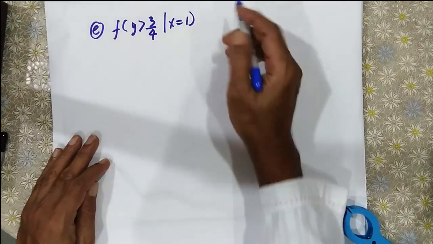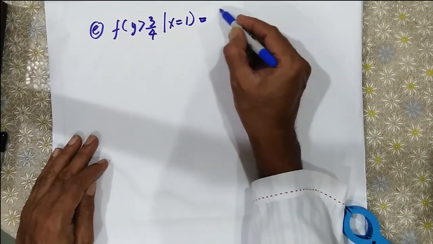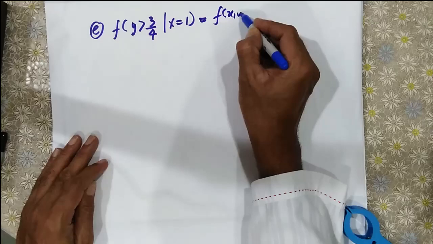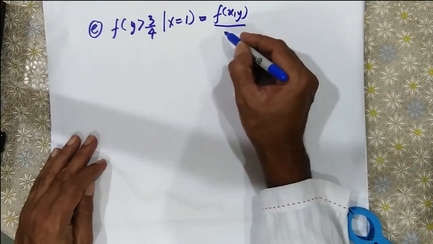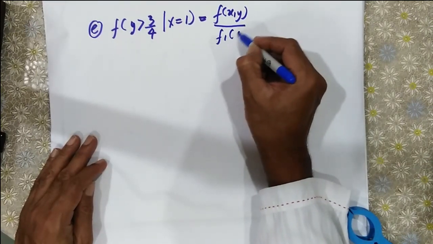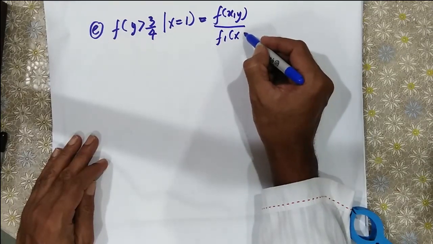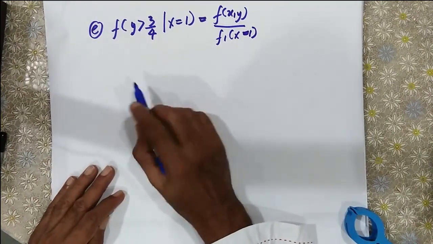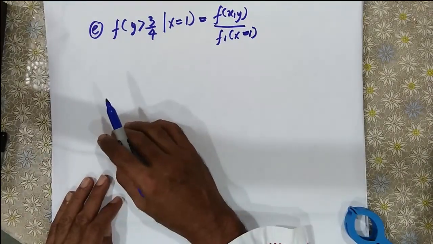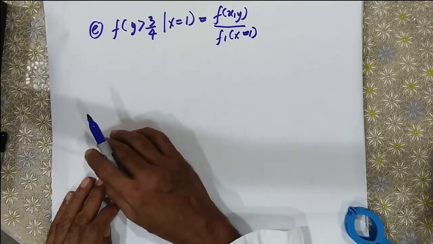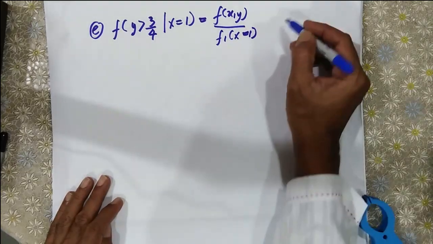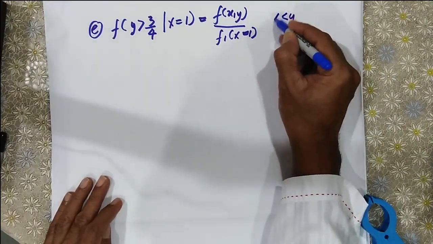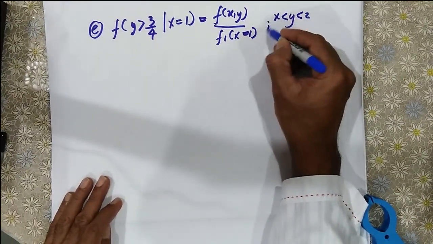By definition, this can be written as f of x, y divided by f sub 1 of x, at x equal to 1. Now, we know that the range for y is from x to 2.